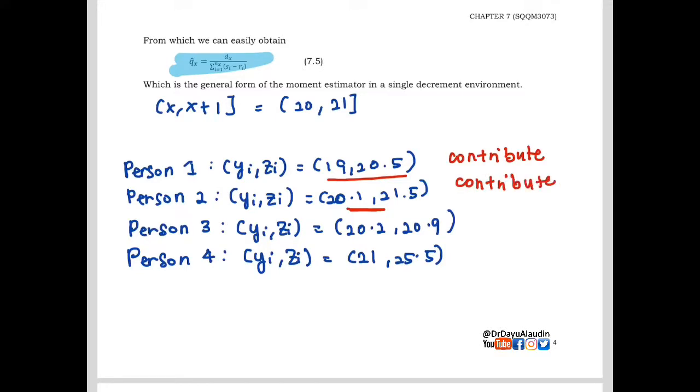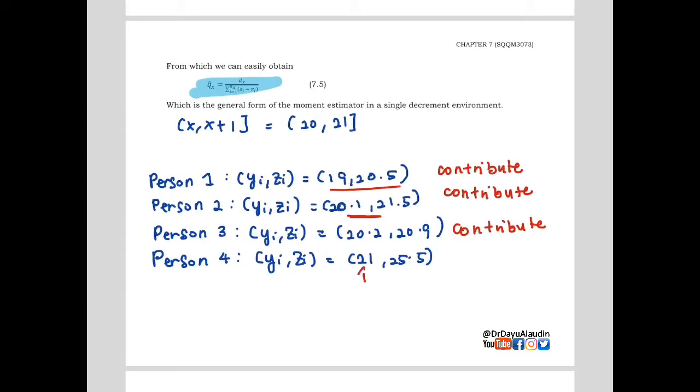Person 3 also contributes. However, person 4 is not contributing in interval 20 to 21, because the entry age is 21 and the exit age is 25.5.